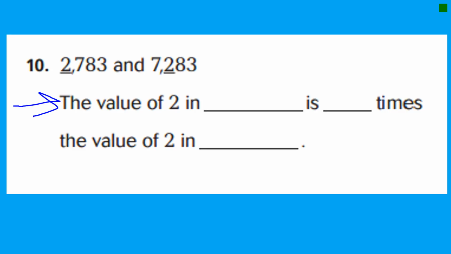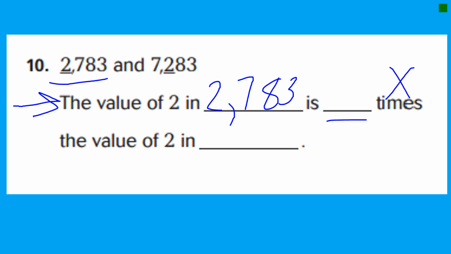The value of 2 in the first number, let's write that in, is blank times the value of 2 in, now let's write the second number. Okay, let's see, we got to focus on the 2's now.